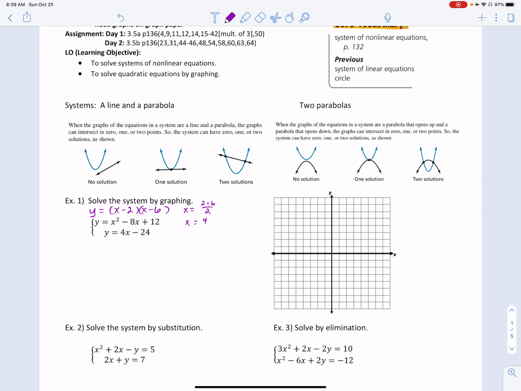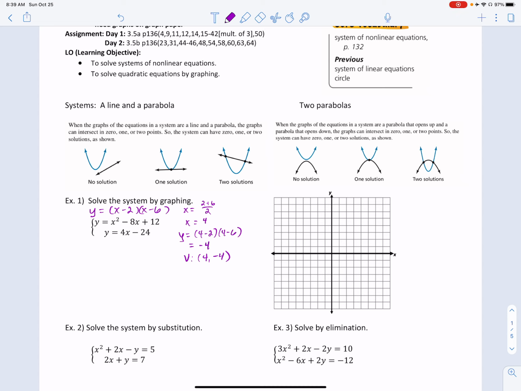And then we can plug that back in. And you end up with 2 times a negative 2, and the y-coordinate is negative 4. So the vertex is 4, negative 4.